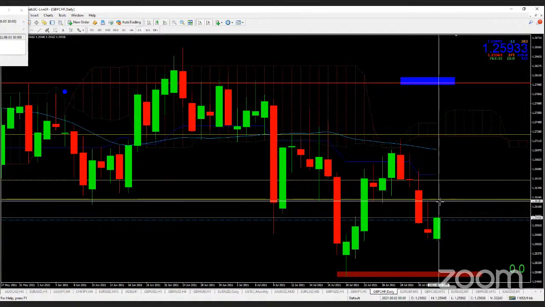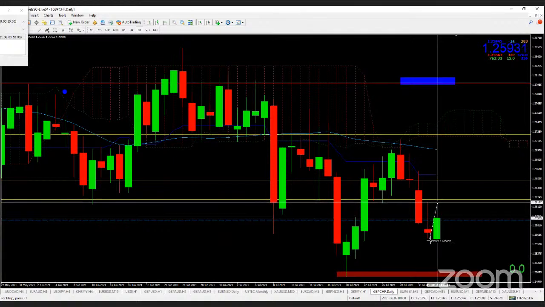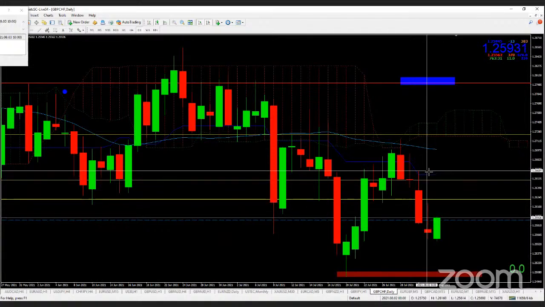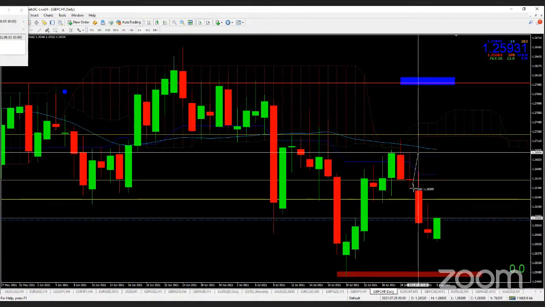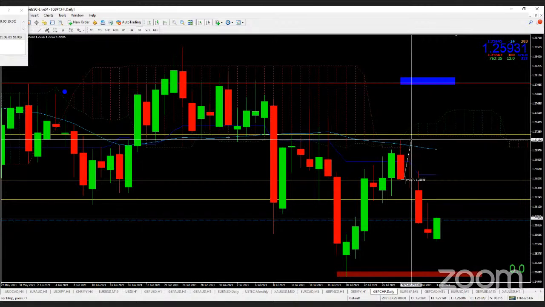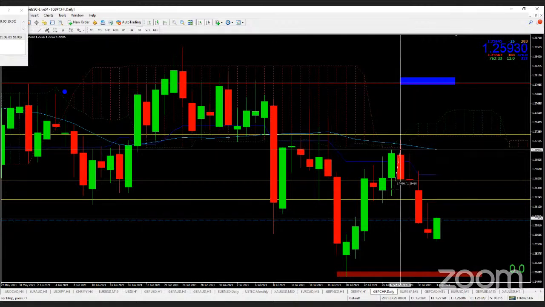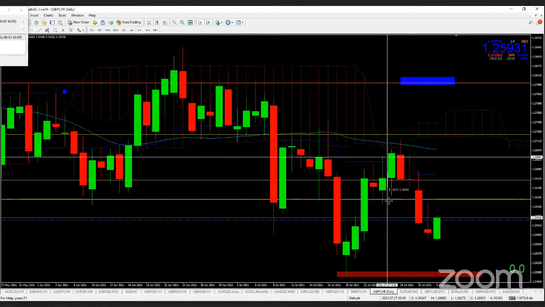This is yesterday. Yesterday, it moved by about 57 pips. The day before, about 80-something pips. The previous day, 50 pips, 60, 70.